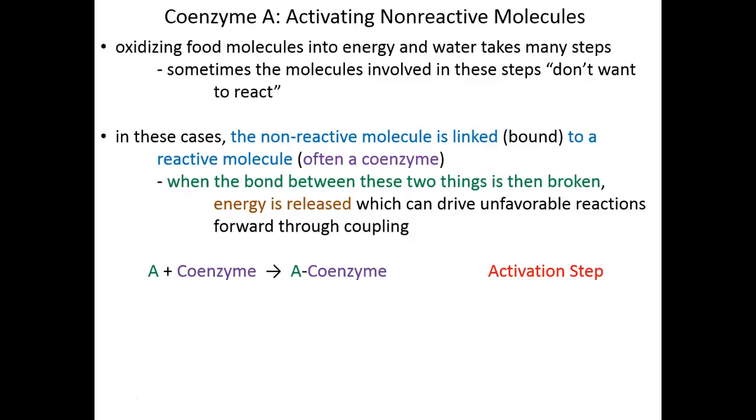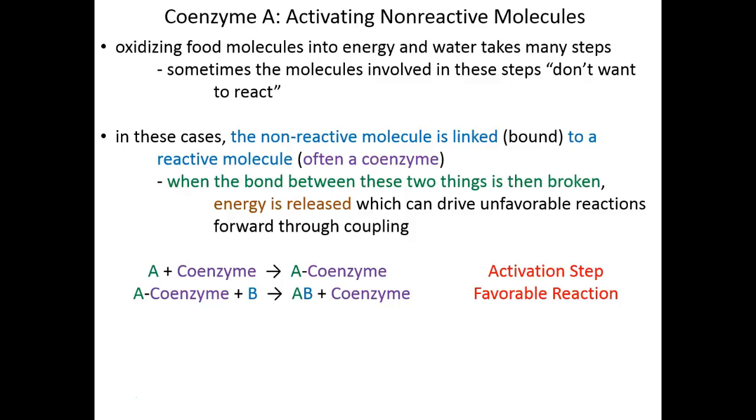And they're forced to be together through this covalent bond, but molecule A is very unhappy. And an unhappy molecule is a reactive molecule. So we call this the activation step because we took an inert molecule that didn't want to do anything, and now we've made it antsy. We've made it antsy to leave this horrible date. We've made it antsy to get away from the coenzyme.